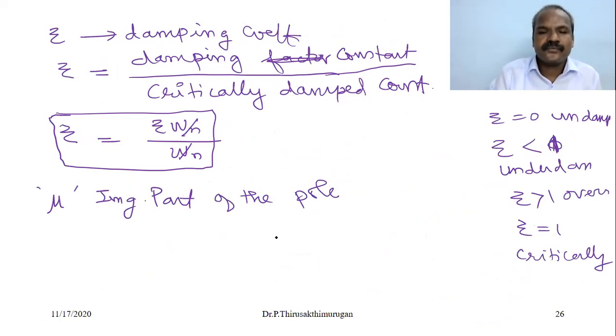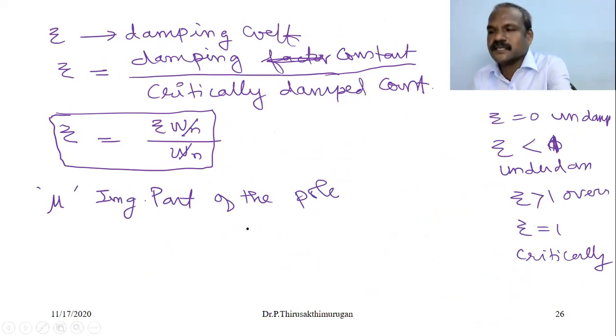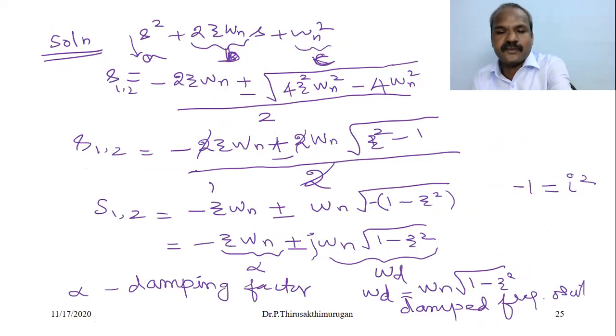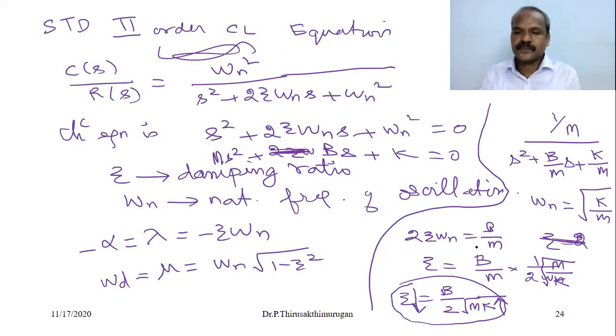So from this definition, we found the zeta value is b by root of mk, and this is the omega n value.